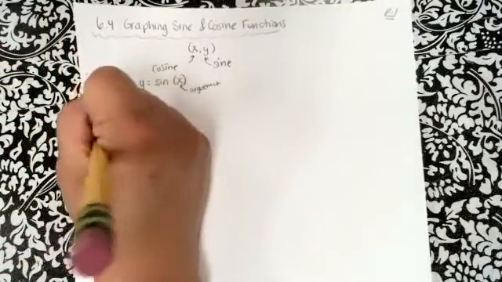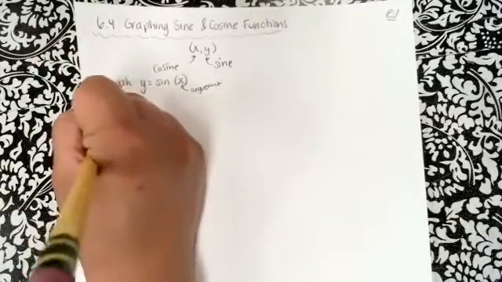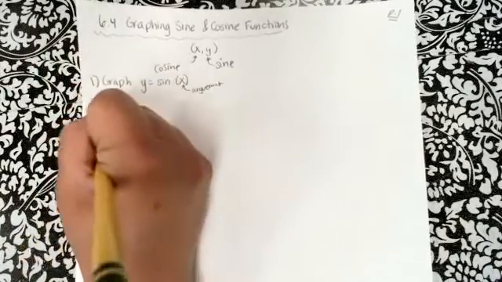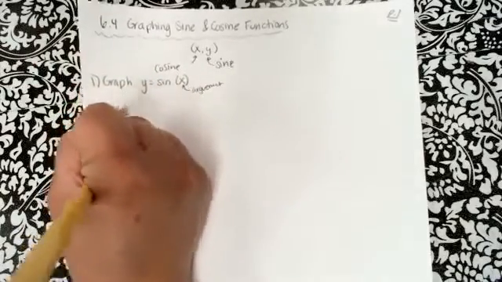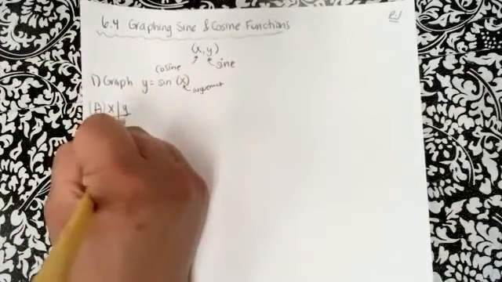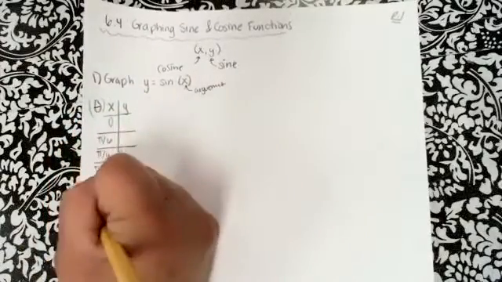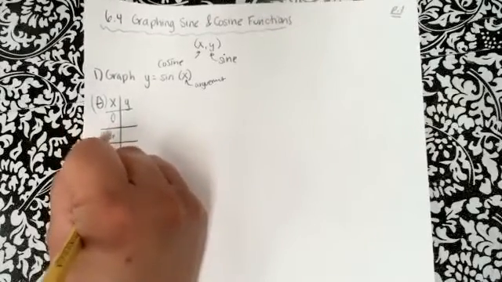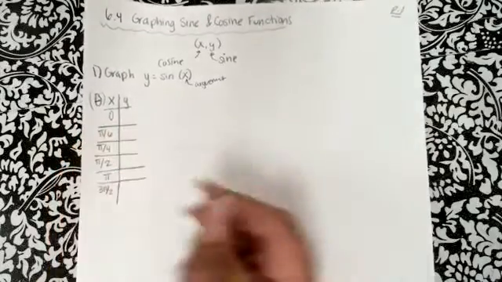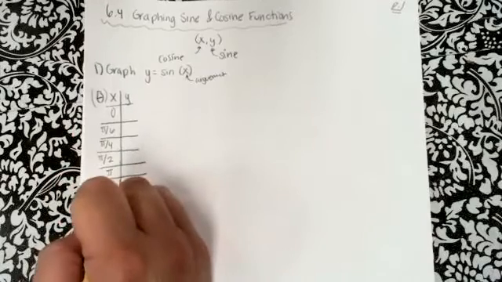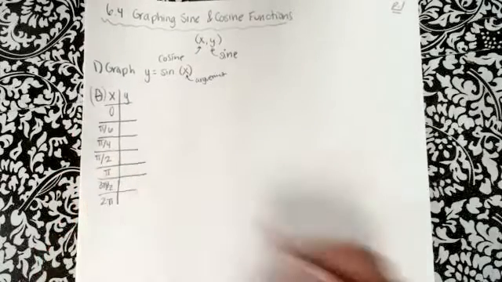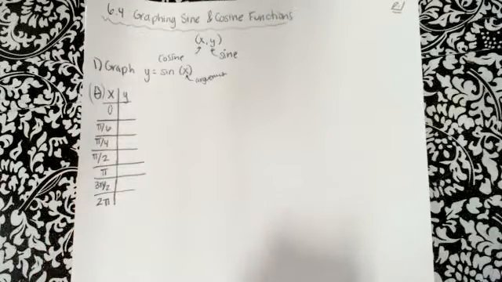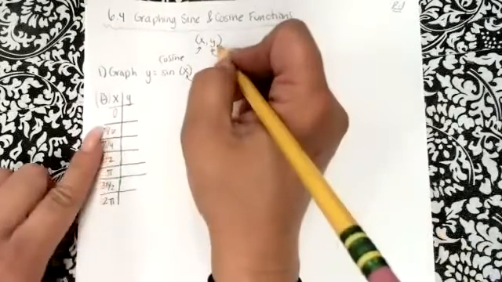I'm going to graph it at 0, pi over 6, pi over 4, pi over 2, pi, 3 pi over 2, and 2 pi. So if you look on your unit circle, you are looking at the y values on the unit circle.